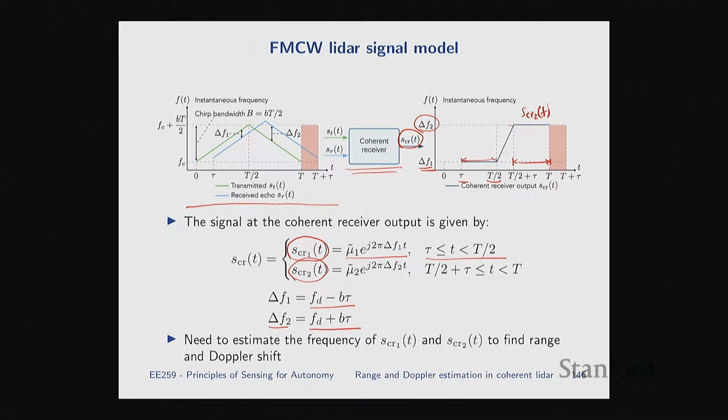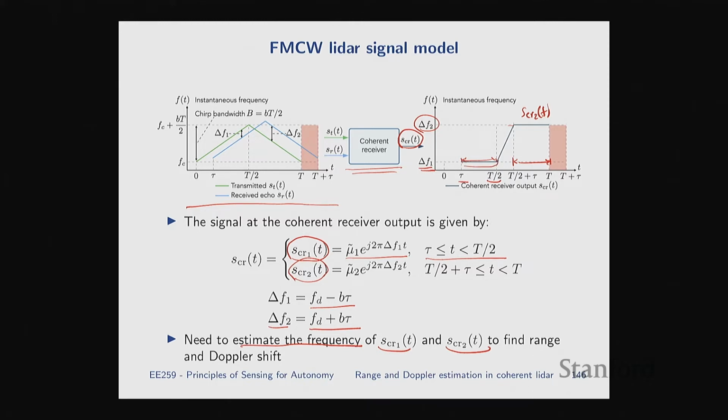Now we know exactly the signal model that we get out of the coherent receiver for this specific choice of waveform, which is the triangular chirps. Now what we basically have is SCR1 and SCR2. If we estimate the instantaneous frequencies of those two portions, I'm calling them 1 and 2, but it's one time series signal that's coming out.